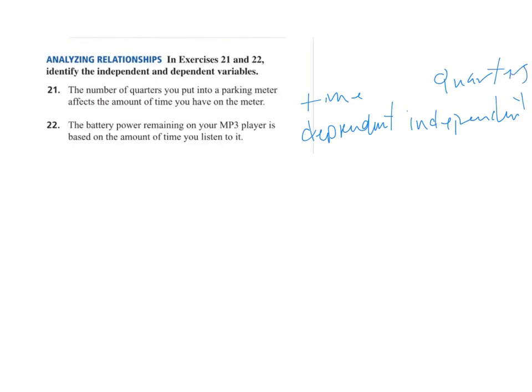22. The battery power remaining on your MP3 player is based on the amount of time that you listen to it. So we've got battery power, and we have time. And the easiest way to think about this is your battery power is not going to affect your time.